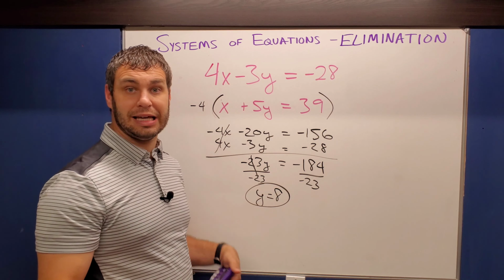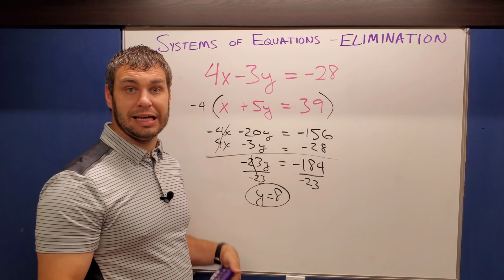Now you can take that and sub it back into whichever one of these two pink ones that you want. Try to find the easiest so you can save some time. Probably this bottom one is easier, but it doesn't matter. This says x plus 5y equals 39. And I'm going to replace my y right there with 8.